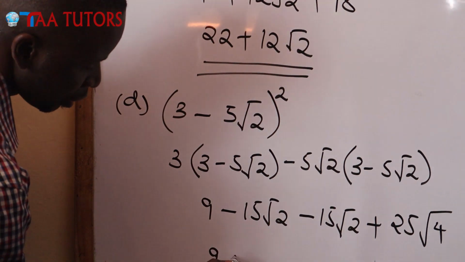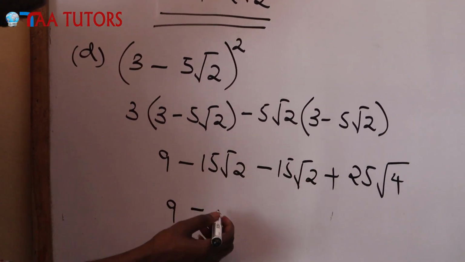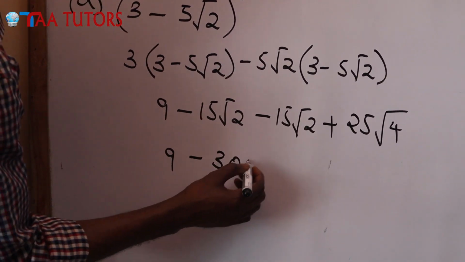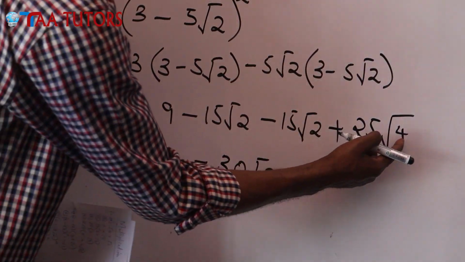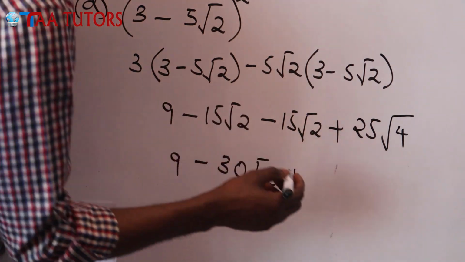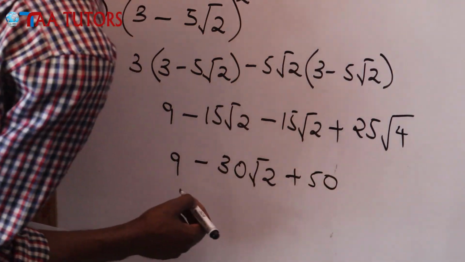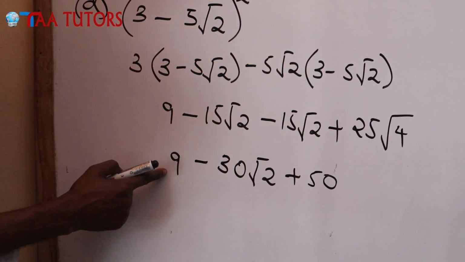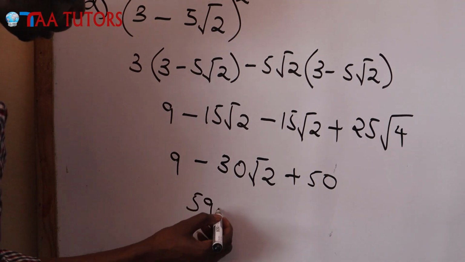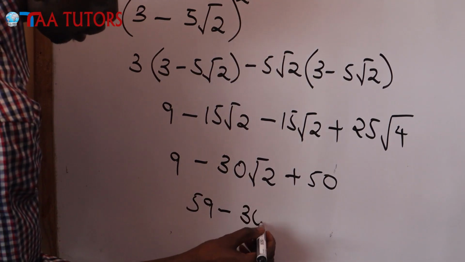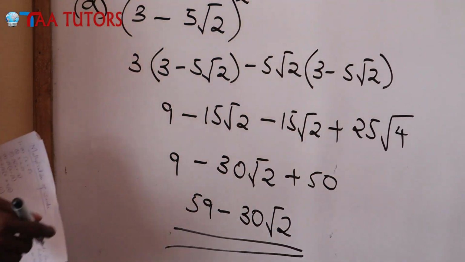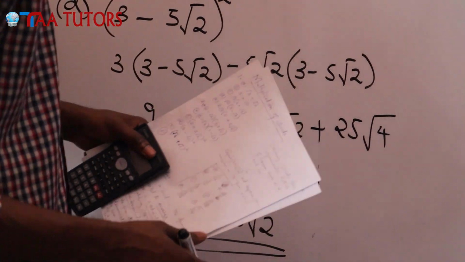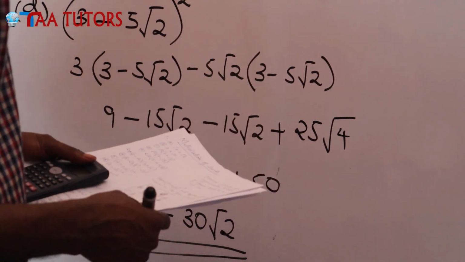This will be 9 minus 15 minus 15 is 30, negative 30 surd 2 plus surd 4 is 2. 2 times 25 is 50. So we have 50 plus 9 will be 59 minus 30 surd 2. We write the surd in the form of A plus B surd C.